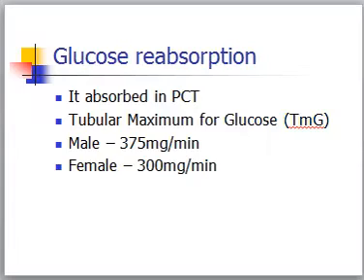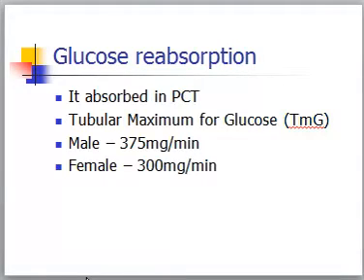Next we are going to see glucose reabsorption. Glucose is completely reabsorbed in the proximal convoluted tubule. The tubular maximum of glucose is called TMG. It is transported by secondary active transport, a sodium co-transport mechanism.